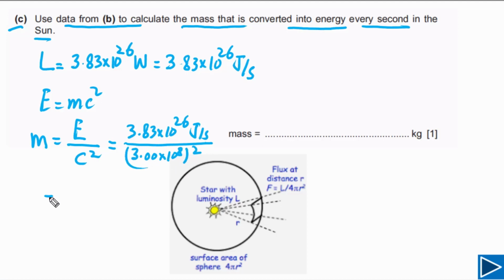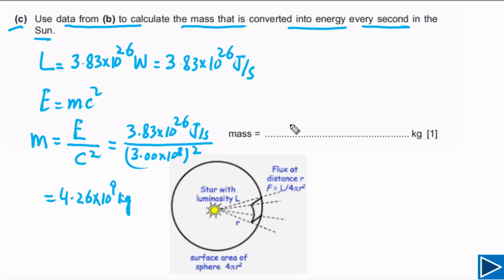If we solve this, we will get our final answer 4.26 times 10 to 9 kg. So this much mass is converted into energy per second in the sun. This is what the question was asking us to calculate.